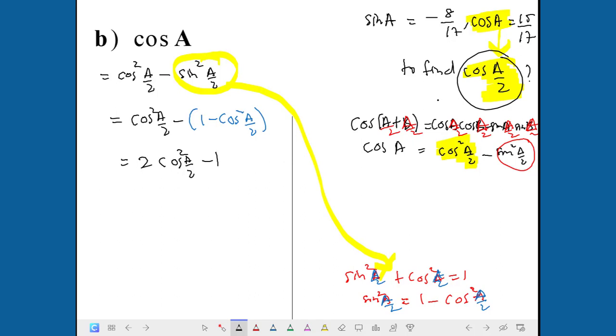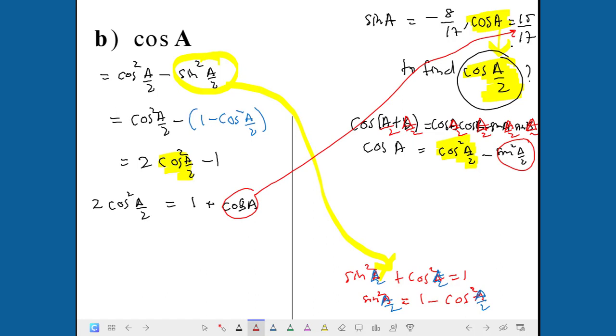We want to find cos A over 2, so take this one as the subject, take it to the left. So 2 cos A over 2 squared is equal to 1 plus cos A. Cos A is equal to 15 over 17, so 1 plus 15 over 17.